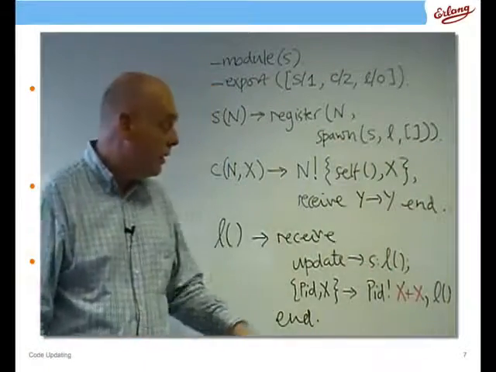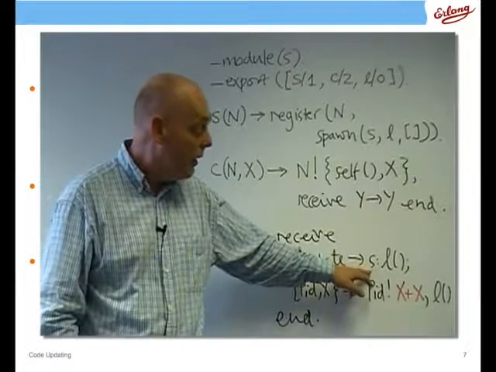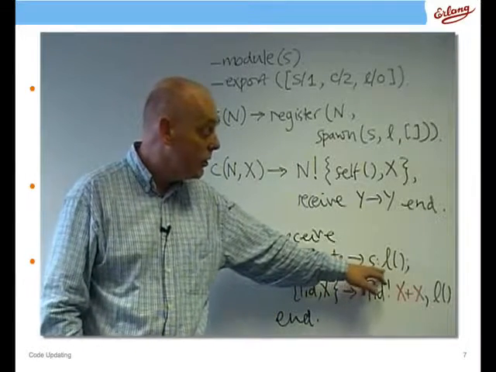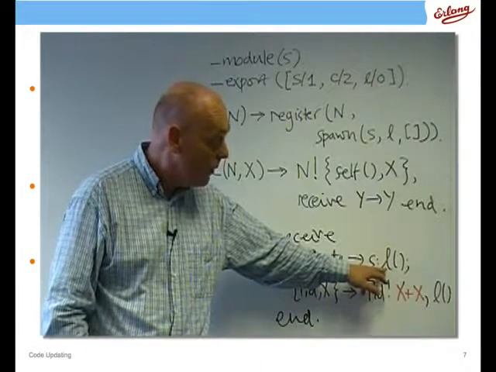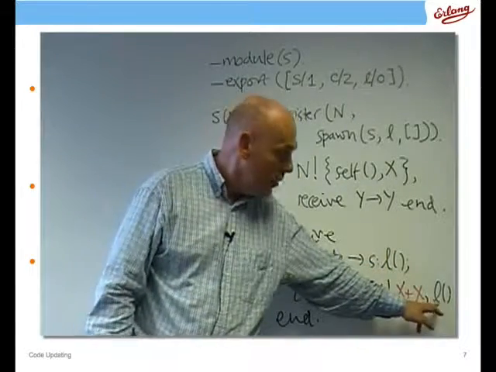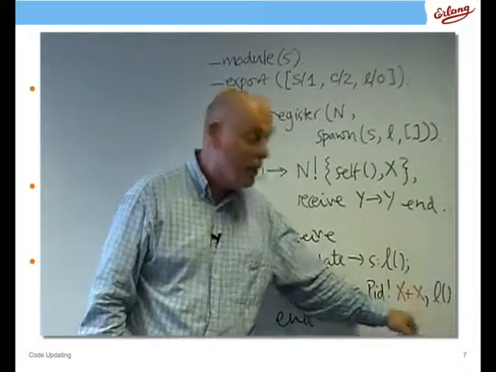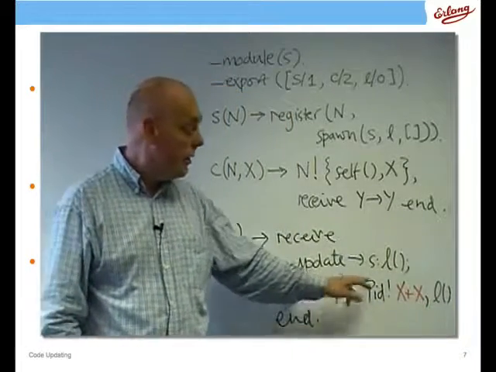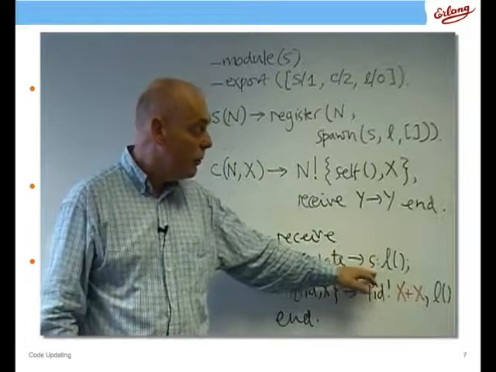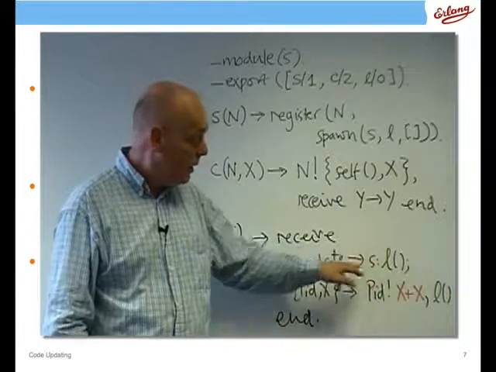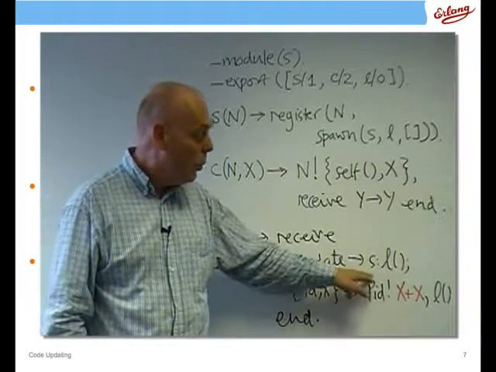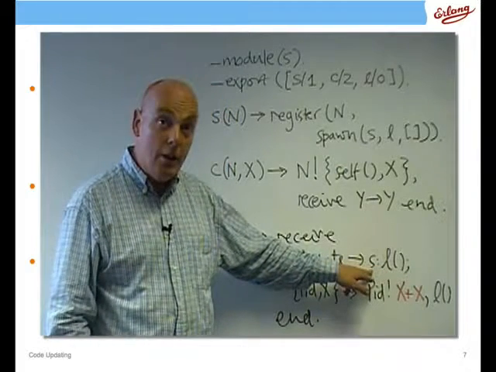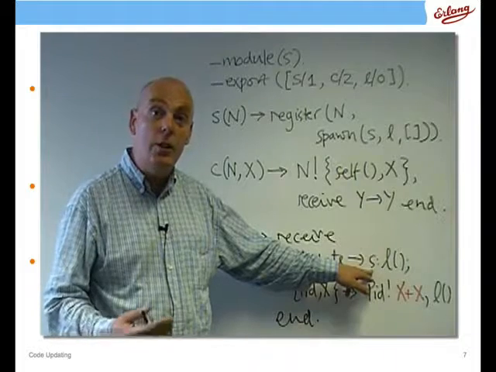So you saw here, in the example I was talking about, this is a fully qualified call to the loop. I don't need to do that. I could, within this module, just call loop with no arguments. But this fully qualified call means that if we receive the message update, we call the loop in a fully qualified form, so that will load a new version.